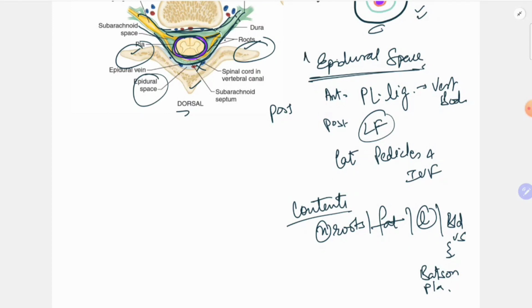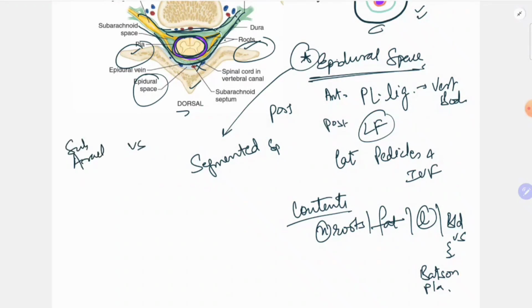Now, a few points to remember about the epidural space: it is a segmented space. This is in comparison to the subarachnoid space. When I'm talking about the subarachnoid space, I'm basically comparing the anatomical relevance of the spinal versus the epidural.